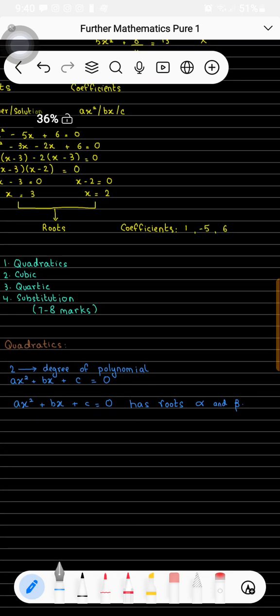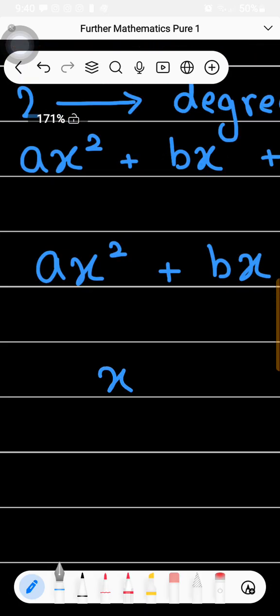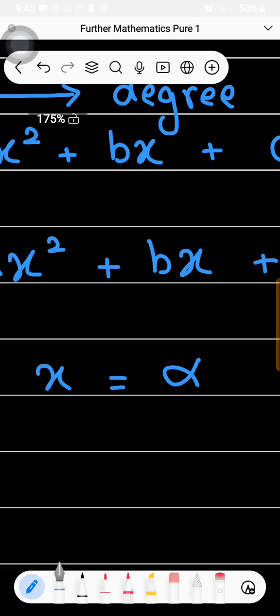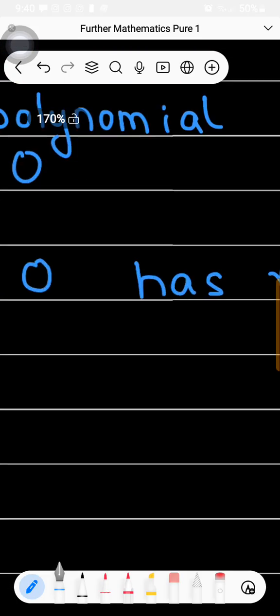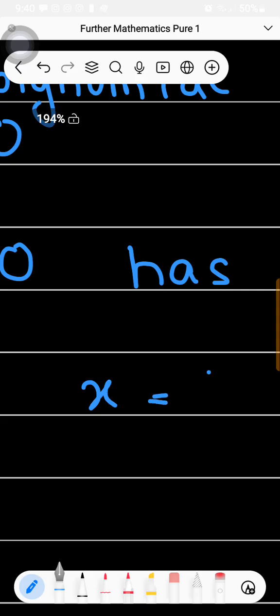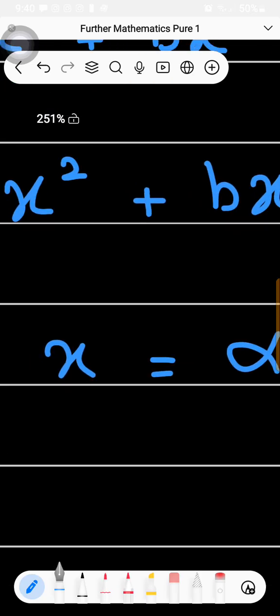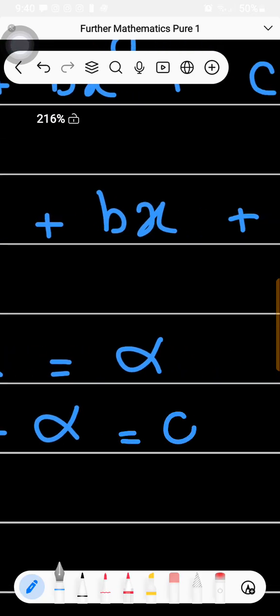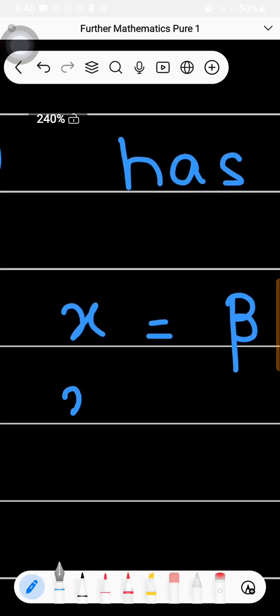Okay, we were at this point. Ax square plus bx plus c has roots alpha and beta. What will we do? It means we have x equal to alpha and x equal to beta. We will write x minus alpha equal to 0, and here we will write x minus beta equal to 0.